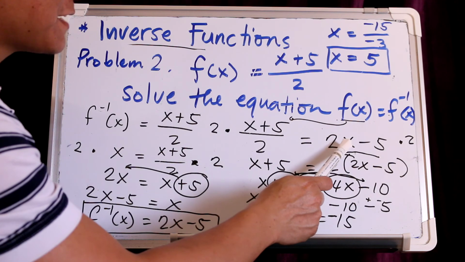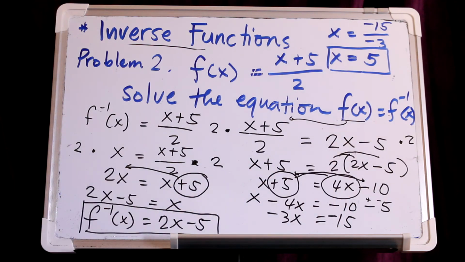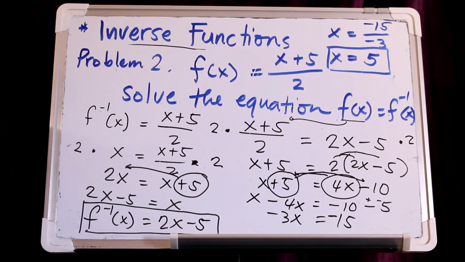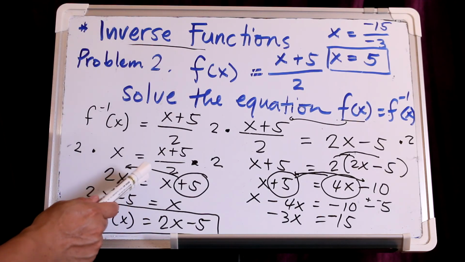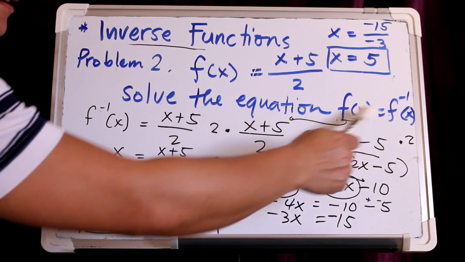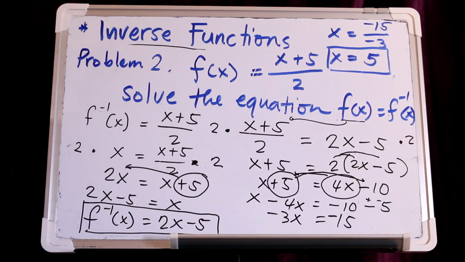So 5 times 2, 10, minus 5 is 5. So both sides have the same answer, 5. This means our inverse function is correct, and our solution for both the normal function and the inverse function to solve for the x is correct.